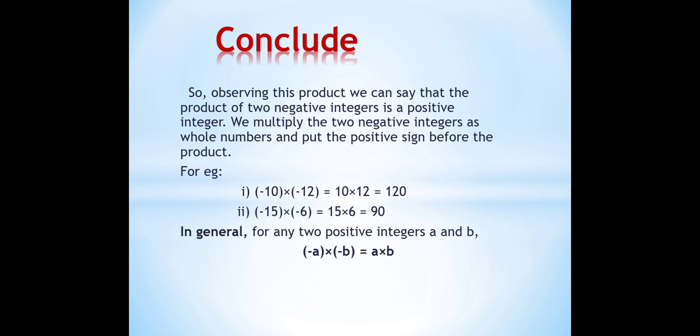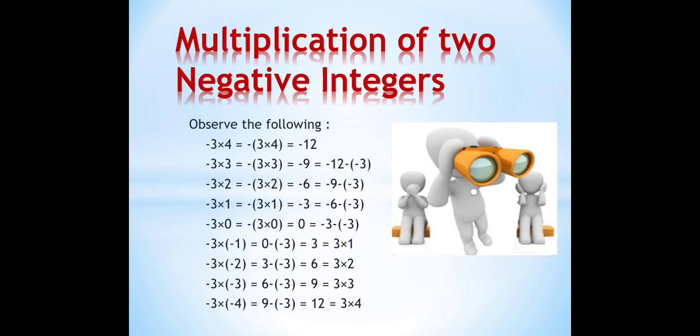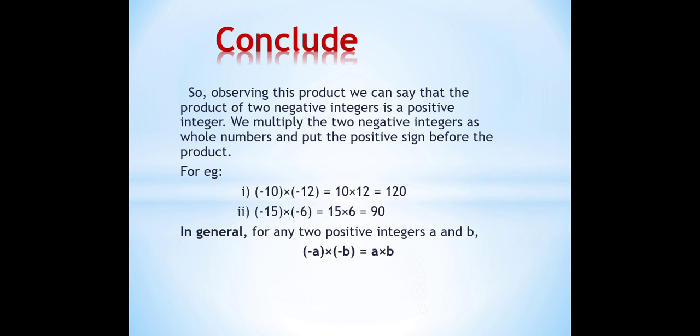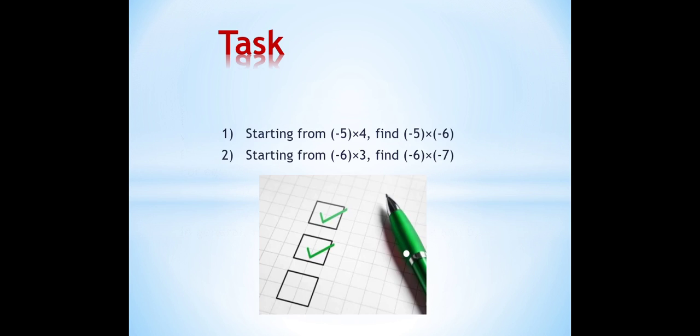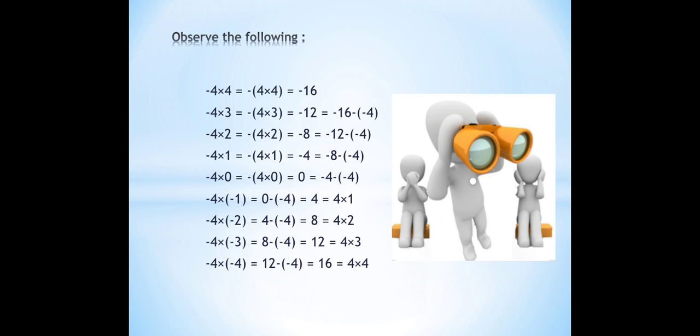So okay students, after observing these two patterns, what can we conclude? Observing this product, we can say that the product of two negative integers is a positive integer, and we multiply the two negative integers as whole numbers and put a positive sign before the product, as we have seen here. When we are given multiplication of two negative integers, suppose minus 4 into minus 1, we will multiply 4 and 1 as whole numbers and we will put a plus sign before.